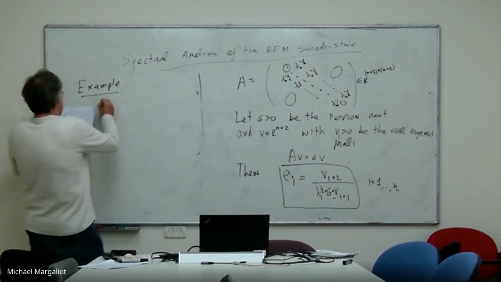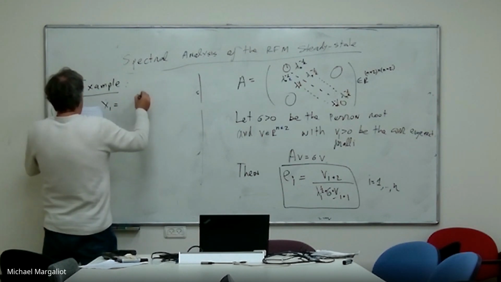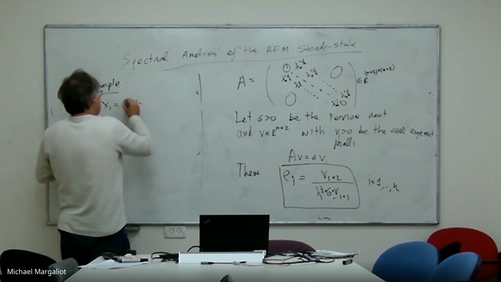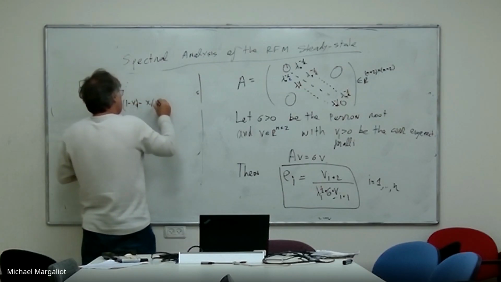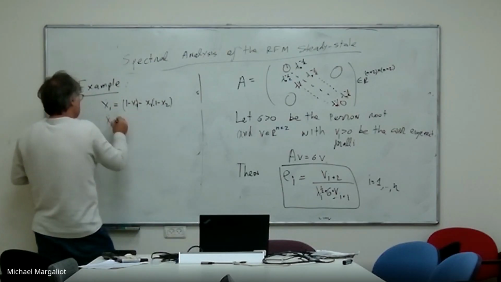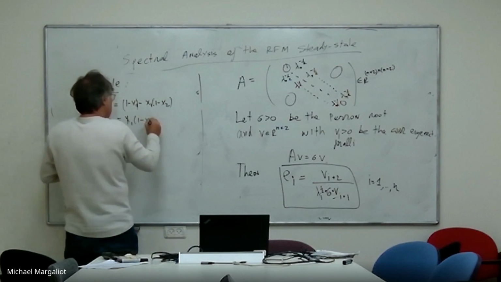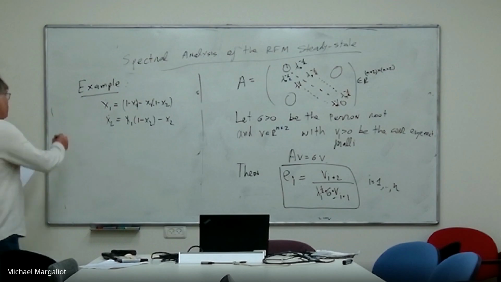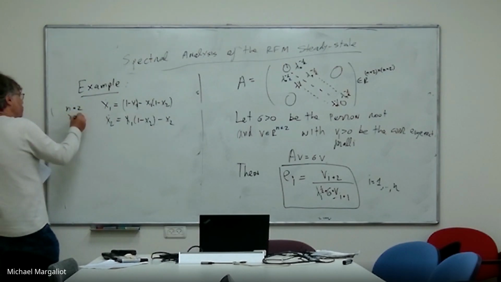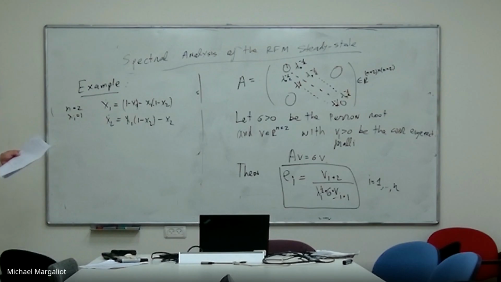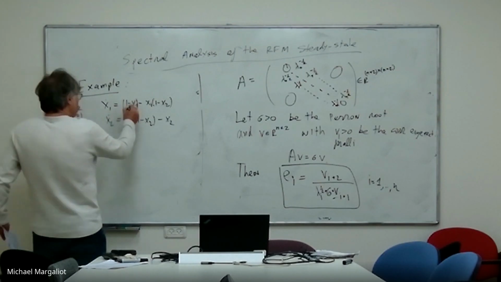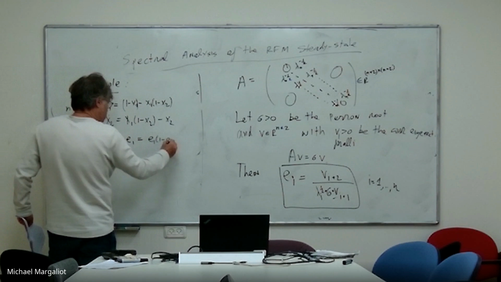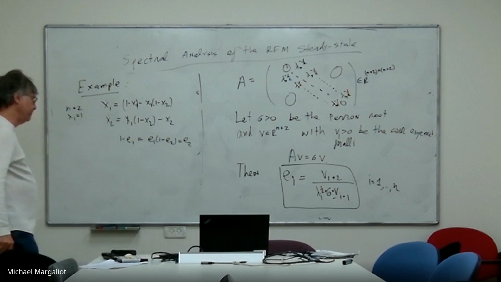So consider an RFM with two sites and with all the rates equal to 1. So I took an RFM with dimension n equal 2, and all the rates equal to 1, so it looks like this. Now the steady state equations: when I put here e, I get e_1 (1 - e_2) = e_2 (1 - e_2) equal to e_2.